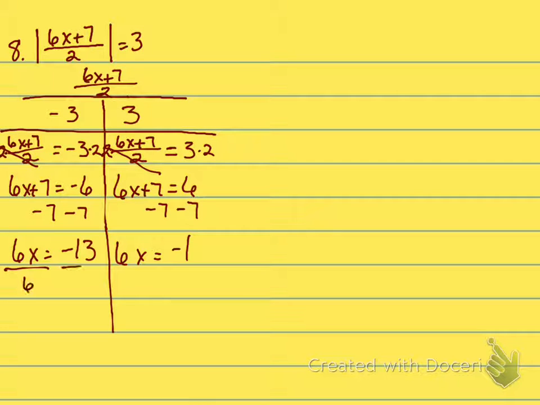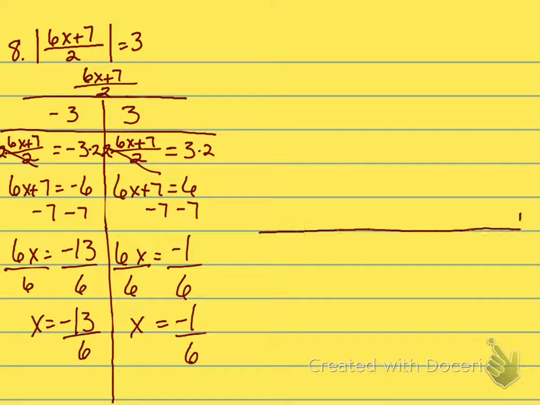We get 6x is negative 13, and 6x is negative 1. Divide by 6 all the way across the board. We end up with x is negative 13/6, and x is negative 1/6. Graph that out. Remember, I said I wanted you to show me 0, and if we had a fraction, I want you to show me the whole numbers on either side of the fraction.